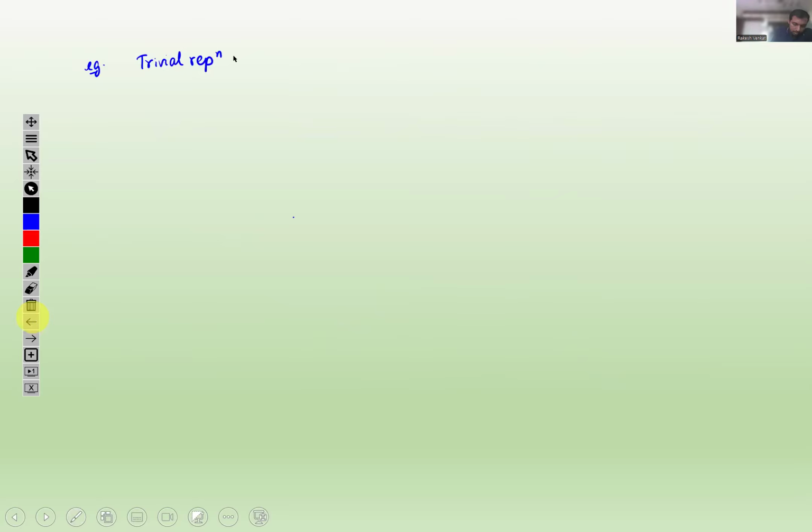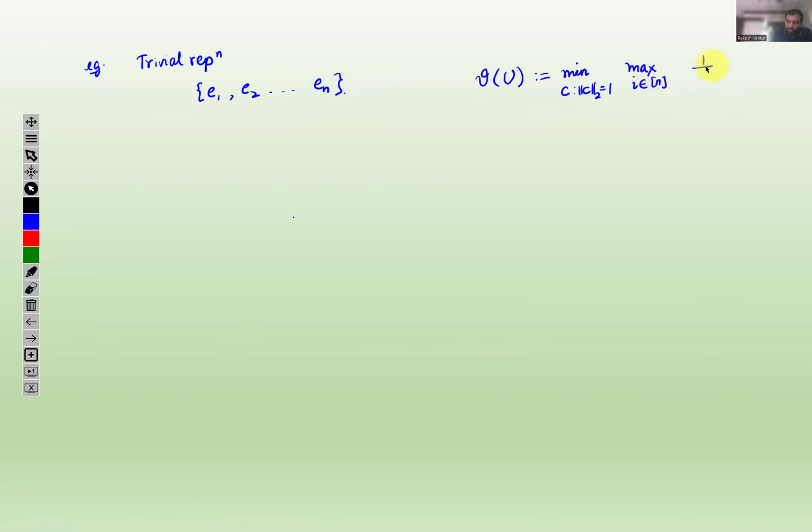So my vectors are E1, E2, and so on until En, and I have some ability to choose C. Recall that theta of this representation was defined as: choose a unit vector C, whose two-norm is 1, of the maximum over i in n of 1 over C transpose Ui, the whole squared.